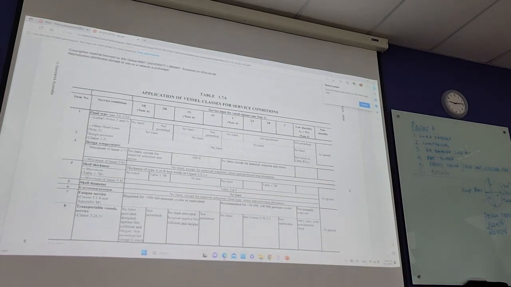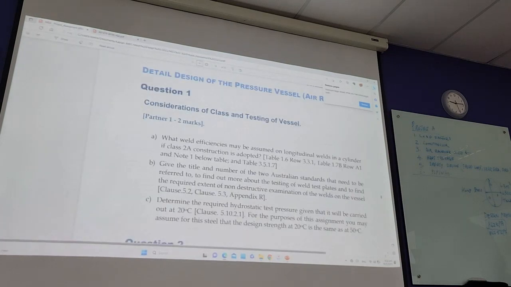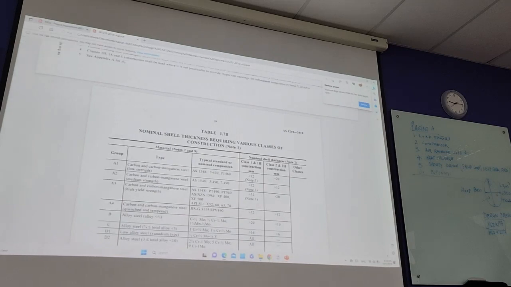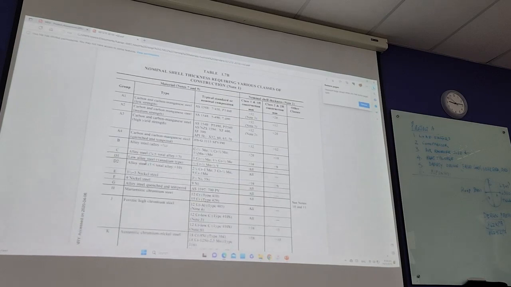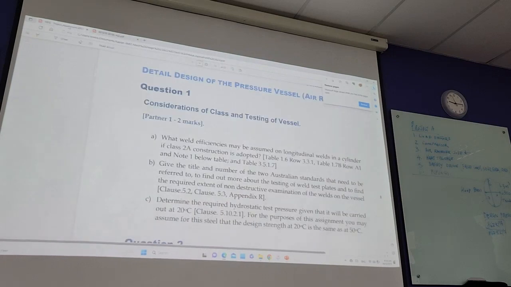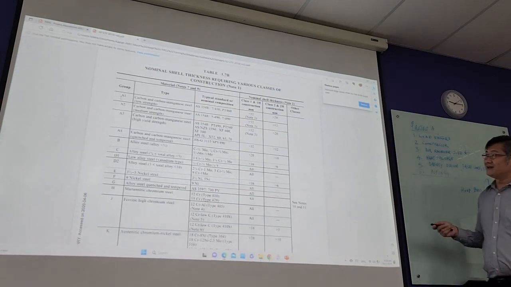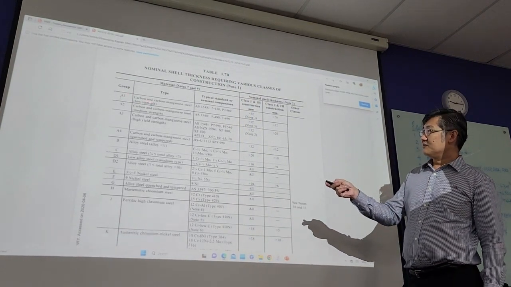So under 2A, table 1.7b, row A1 and note 1 below the table. So they are referring to this, A1, carbon and carbon manganese steel.